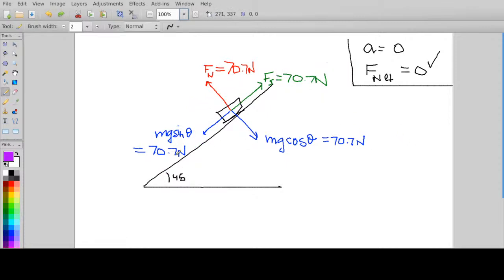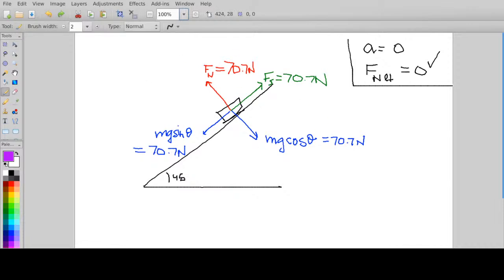It doesn't do either of those things. So these two can't be different from one another. They must be equal so that they cancel to give you a zero net force. Okay, and that's why this has to be 70.7. So it turns out in this problem, because the angle is 45 degrees, that all the components are 70.7 newtons.